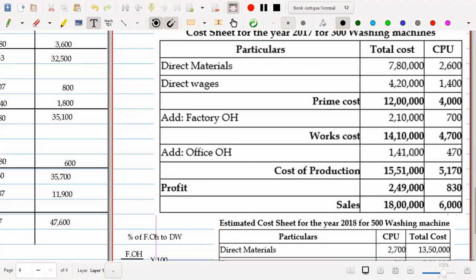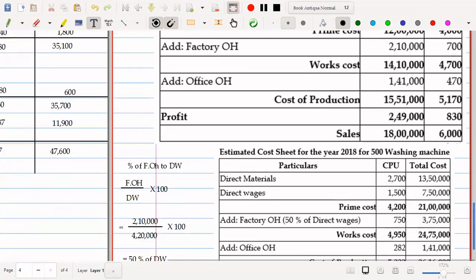Total means this, not this. Total administrative overhead will remain the same at all levels of activity. All levels of activity means if you produce 1 unit, or 100 units, or 700 washing machines or 1000 washing machines, this will remain constant. So that is the meaning of that.